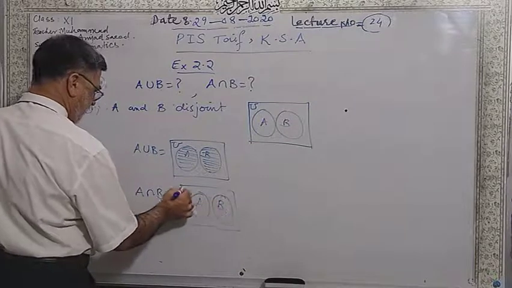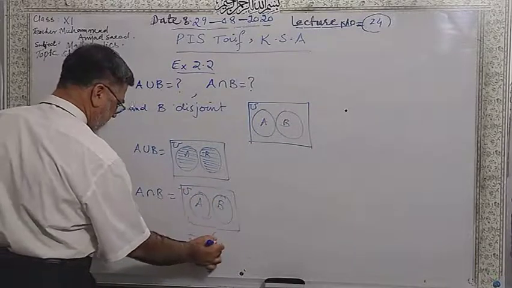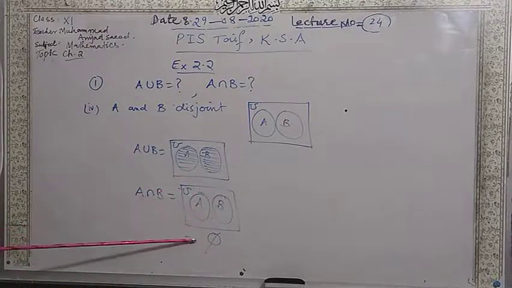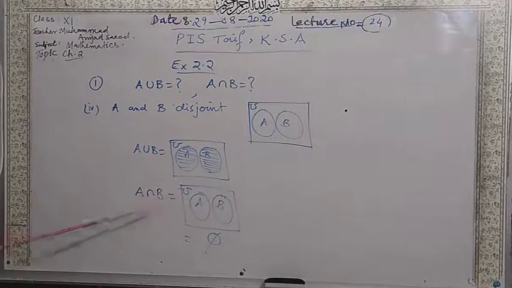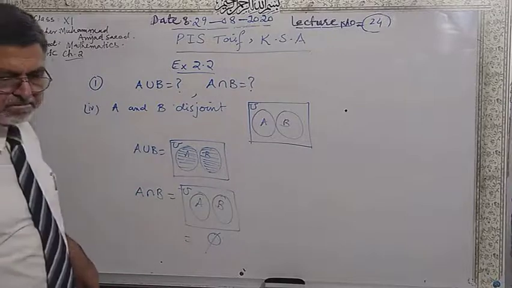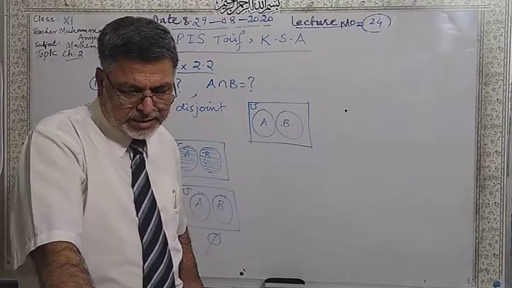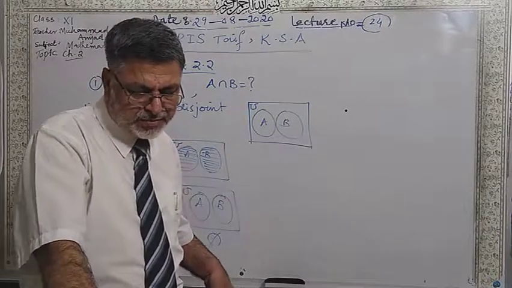A intersection B in the universal set is the empty set. No shading. Nothing is common. So this is your answer. After that, I think you can do part number 5.